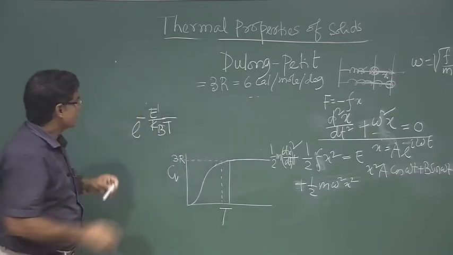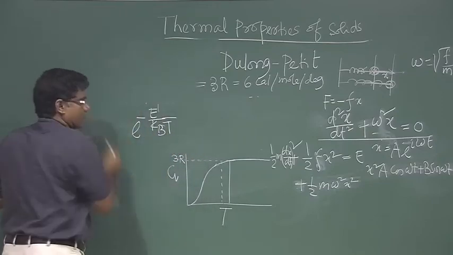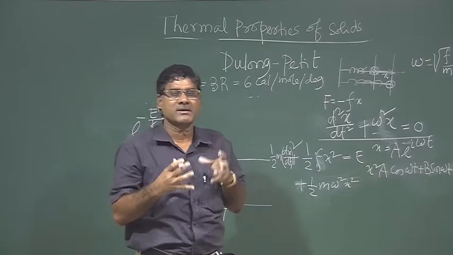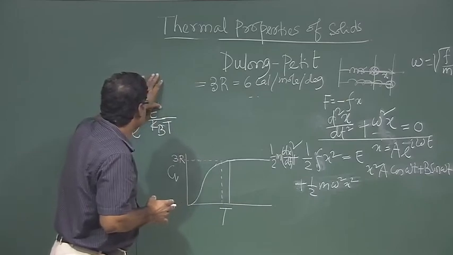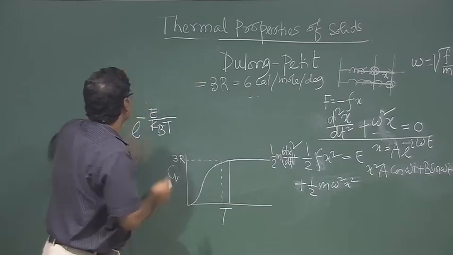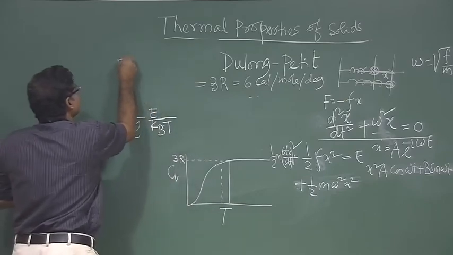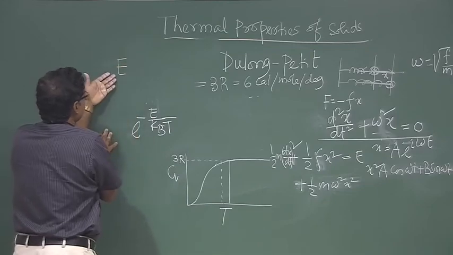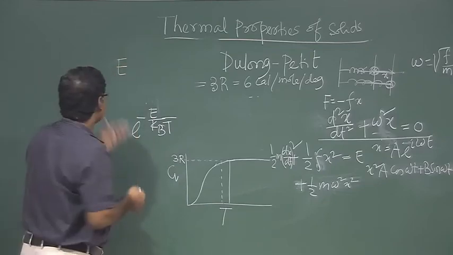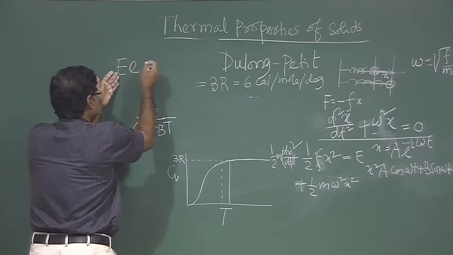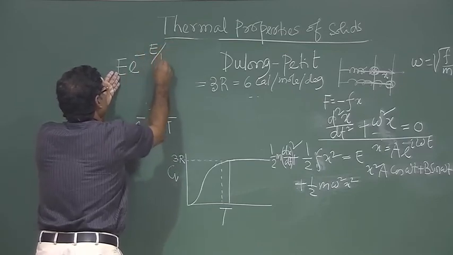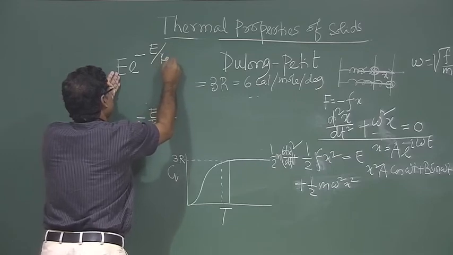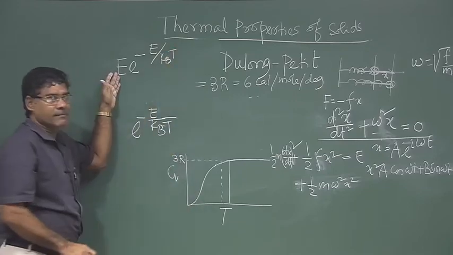Boltzmann factor. So, I can write this. What is the total energy of your system? The energy of one particle, E, is multiplied with this factor e to the power minus E by kBT.